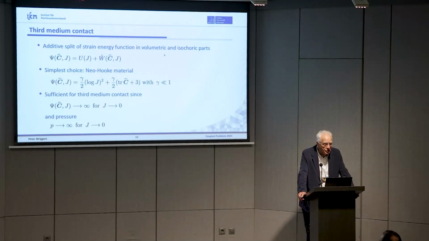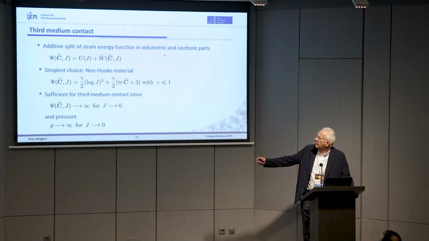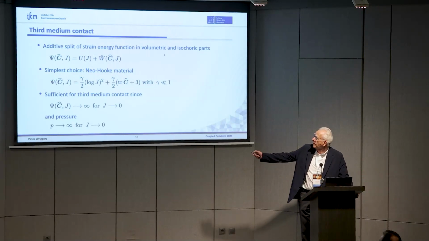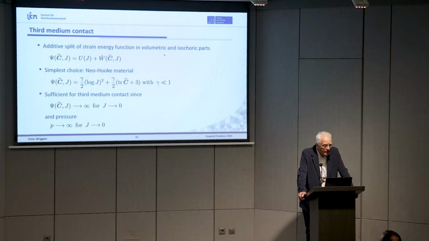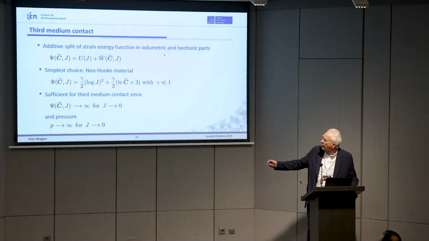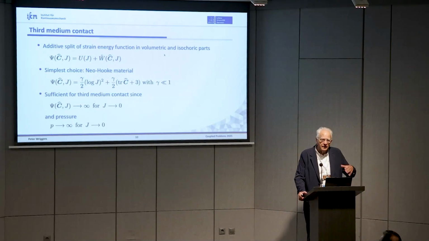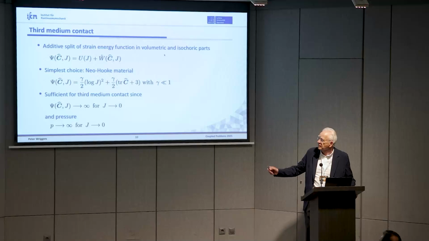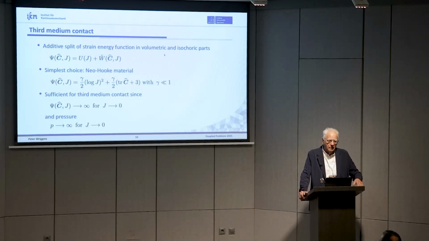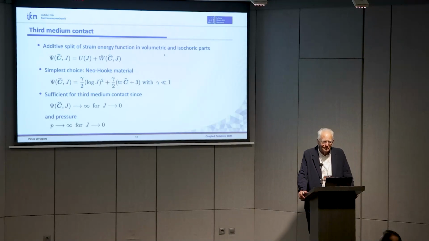We have a strain energy, which we split into a volumetric part and an isochoric part. Simplest choice, neo-Hookean material, very, very simple, but with a very small parameter. Instead of taking the standard parameter, the bulk modulus or the shear modulus, you take something which is much smaller than 1, like 10 to the minus 4.